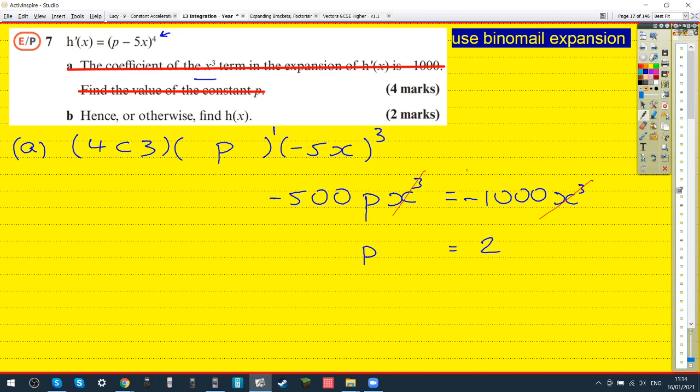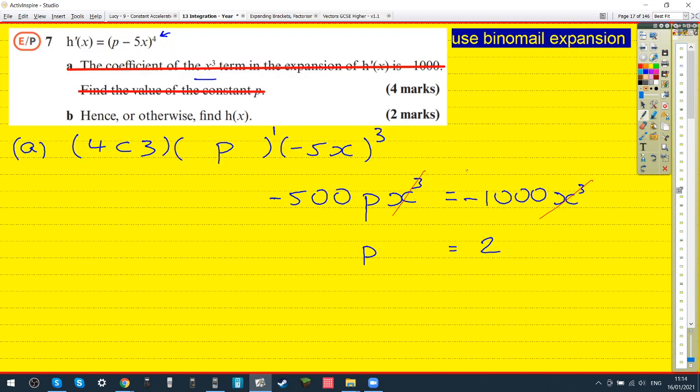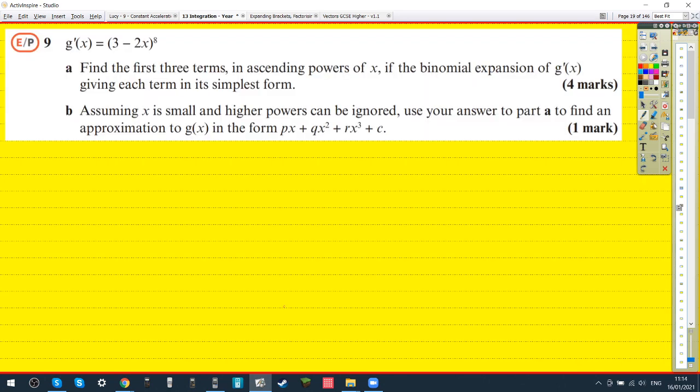This is a terrible question. So they want me to expand that. It's terrible. Delete this whole thing. Want me to expand those brackets. It's crazy. So this looks better.